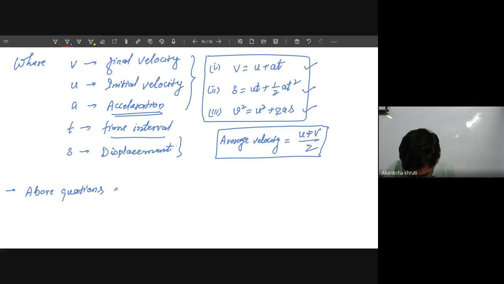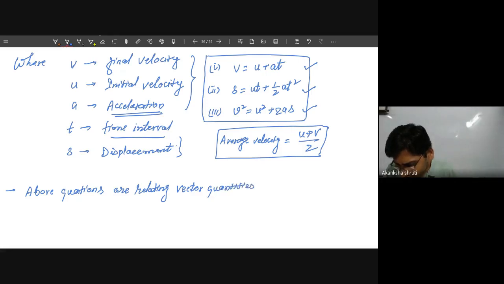So the above equations are relating vector quantities. What does vector quantity mean? It has both magnitude and direction. It can be positive, it can be negative. Therefore, since these equations relate vector quantities, they are vector equations.